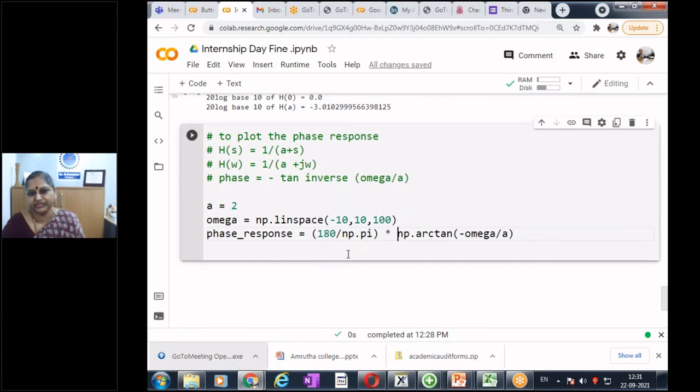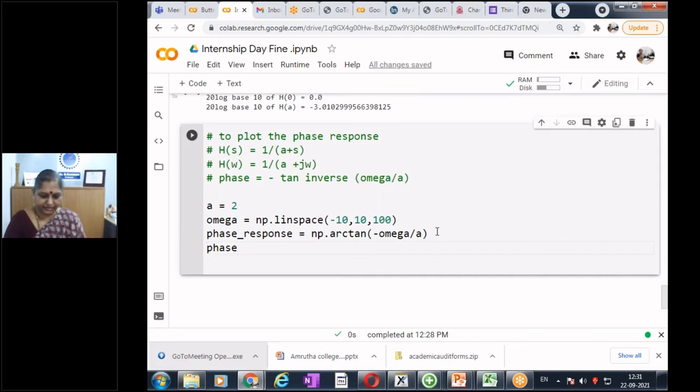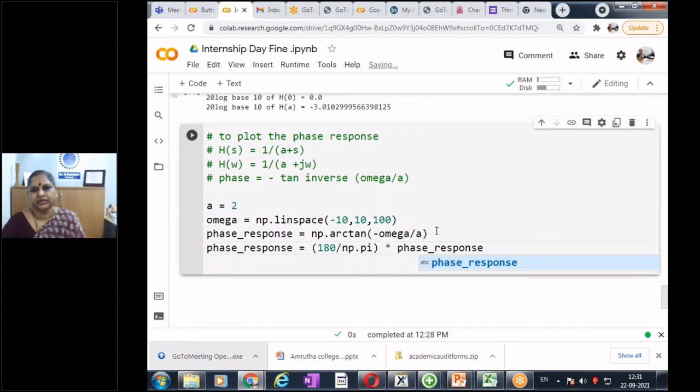So if I want my phase response in degrees, I'll put it on the next line for clarity. Phase response equals phase response times 180 by pi.